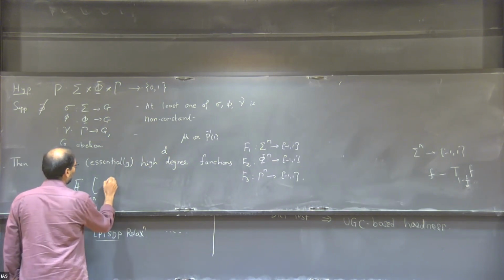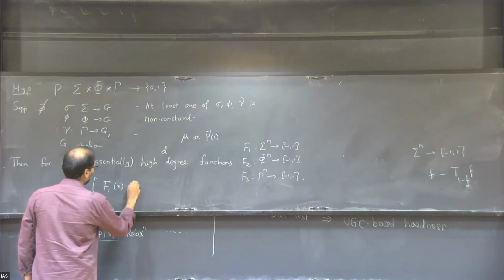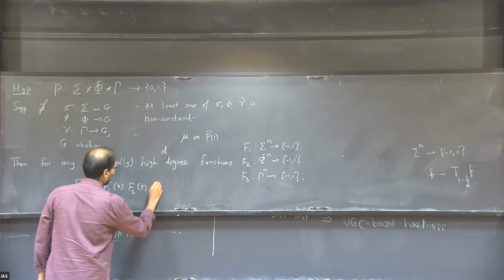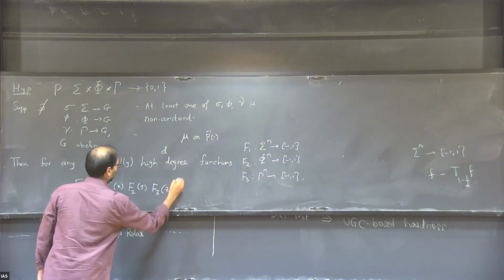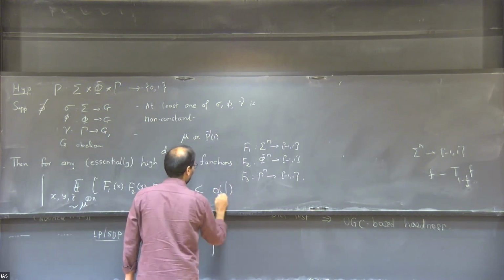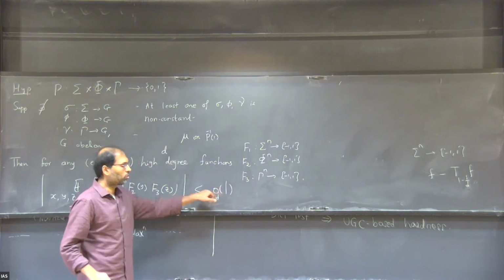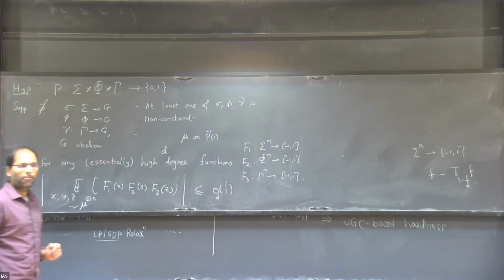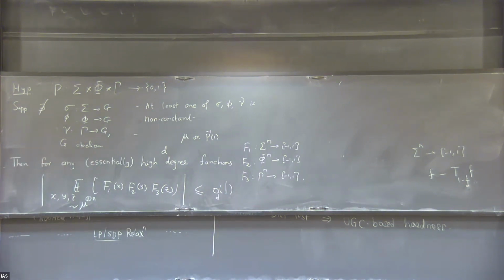Then you look at f1 of x, f2 of y, f3 of z. This thing is at most little o(1) in d, meaning it tends to 0 as d tends to infinity. Yeah, so that's the precise hypothesis.